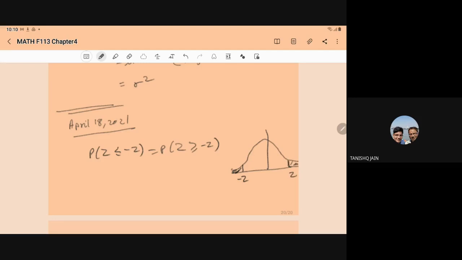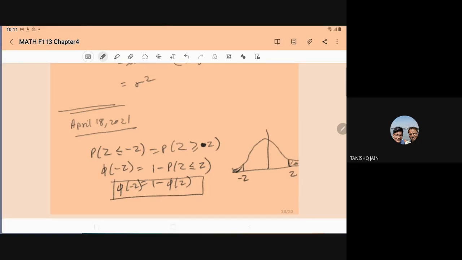So this we can write as phi of minus z, and this can be written as 1 minus probability Z less than or equal to z. So that is 1 minus phi of z. So that is the first result. It is the important result: phi of minus z is equal to 1 minus phi of z.